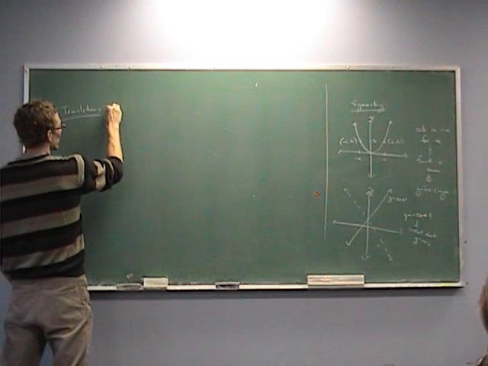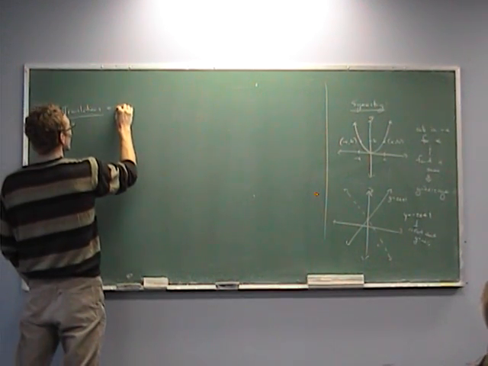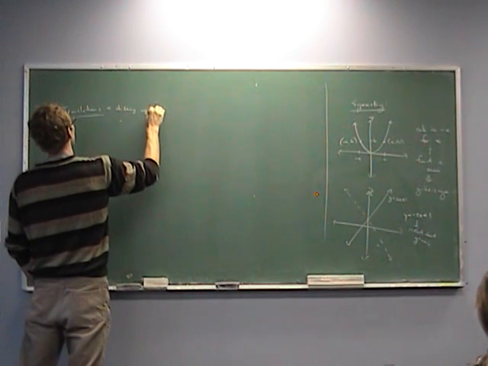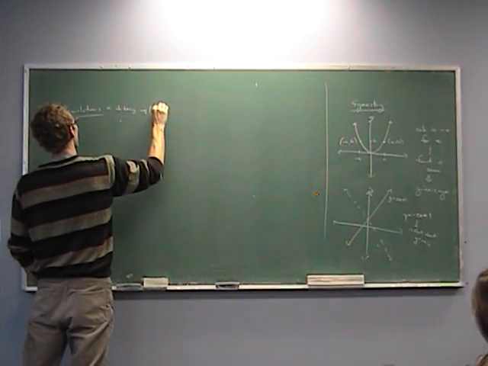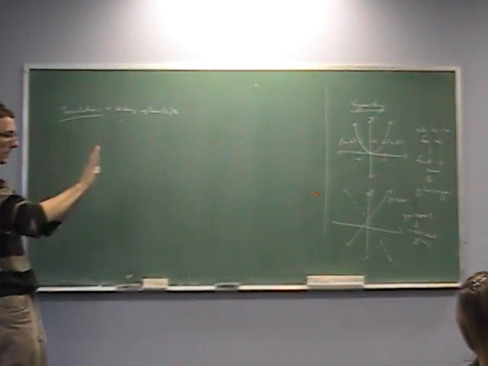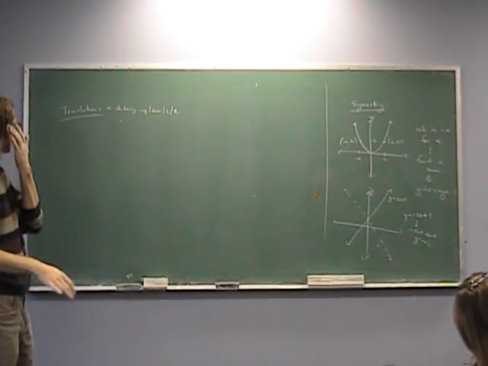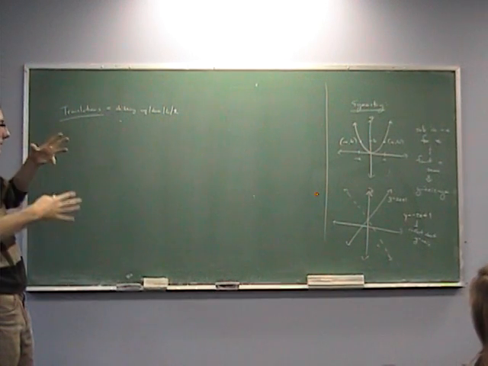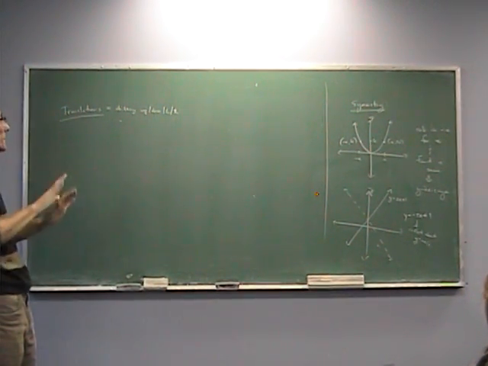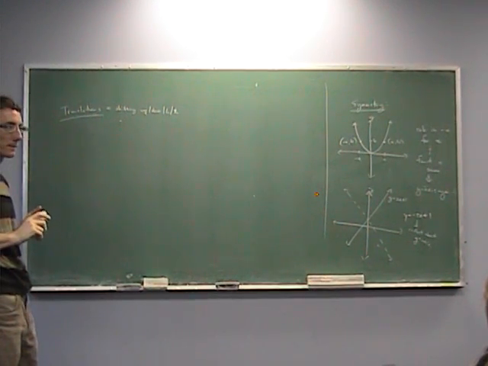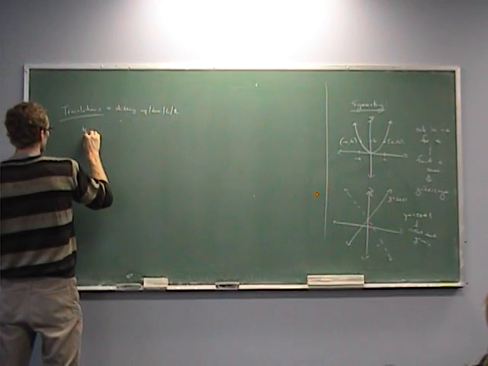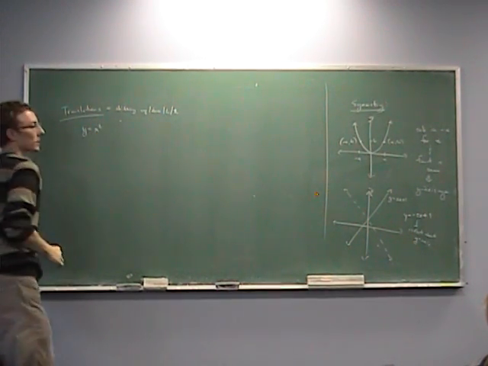When we talk about translations, that's a fancy word for shifting up, down, left, and right. Just take a picture, move it up, down, left, right, some amount. You're not going to be changing the picture in any way in terms of its shape, you're just going to be picking it up and moving it from one place to another. And like I said, let's think of a simple function like y equals x squared.